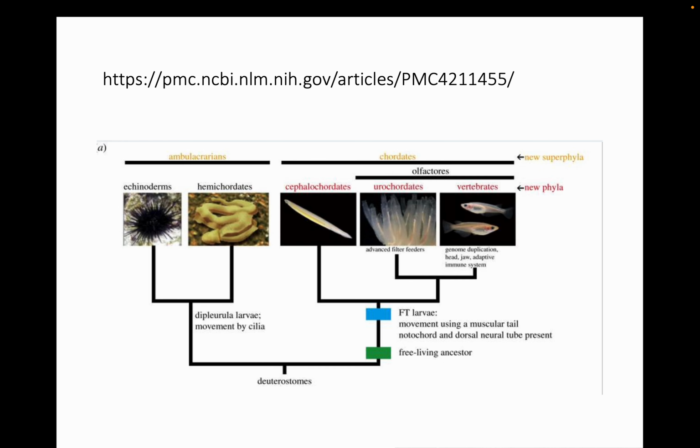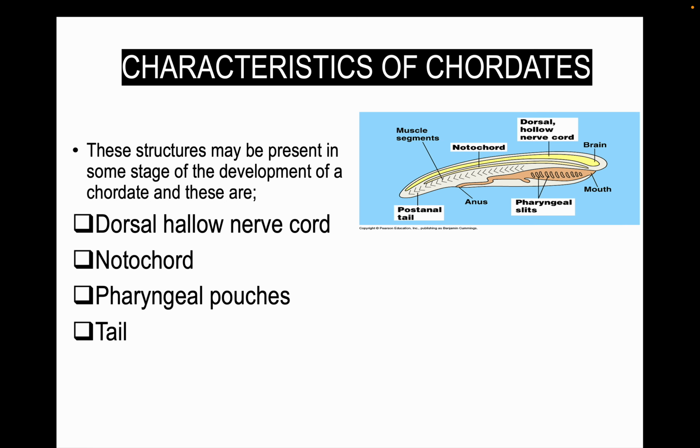Now let's first cover the key characteristics of chordates. The following structures may be present in some of the developmental stages of the chordate, and others do not persist throughout adulthood, particularly in vertebrates.